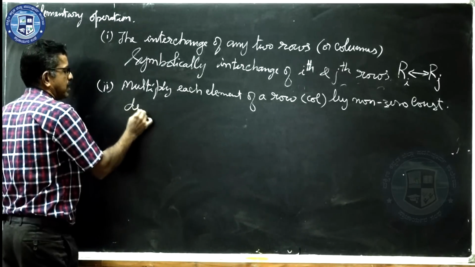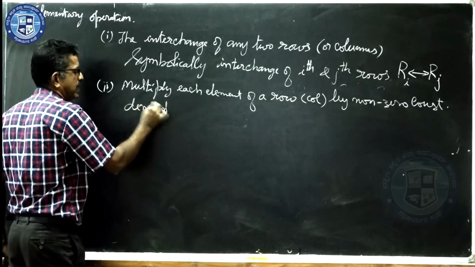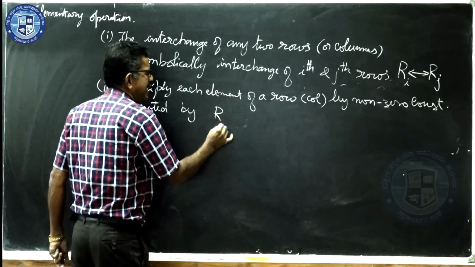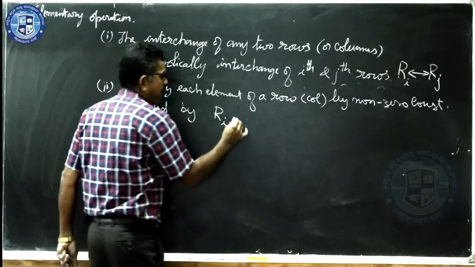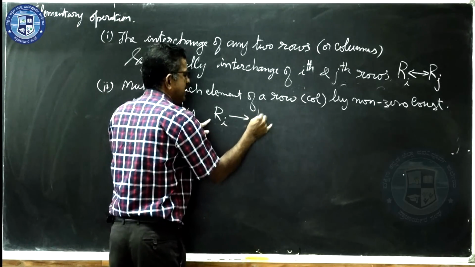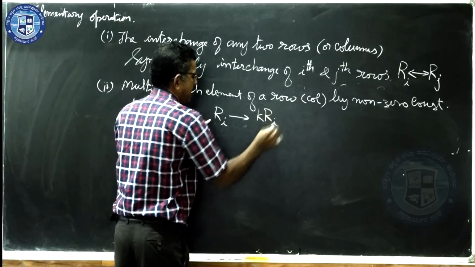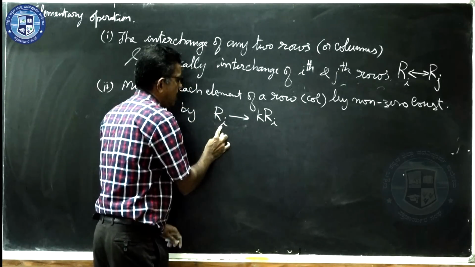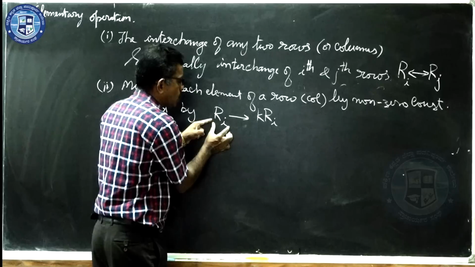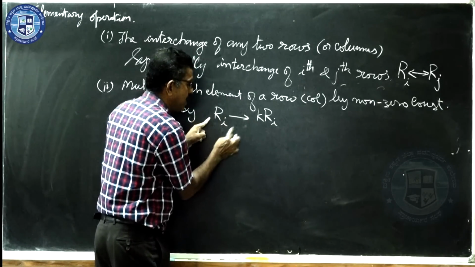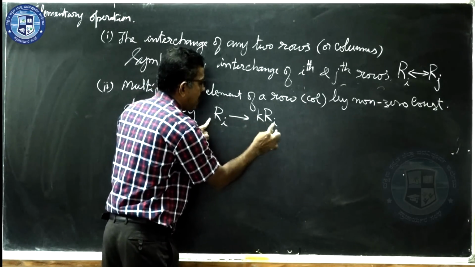It is denoted by the following notation. For some ith row, if I multiply each element of the ith row by k, I write k Ri. Ri represents all elements of the ith row, and each element of the ith row should be multiplied by k, meaning I write Ri arrow k Ri.